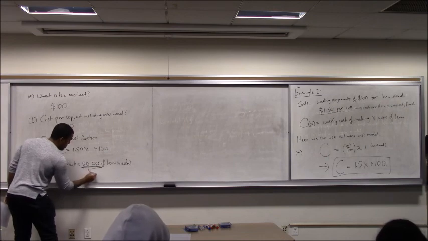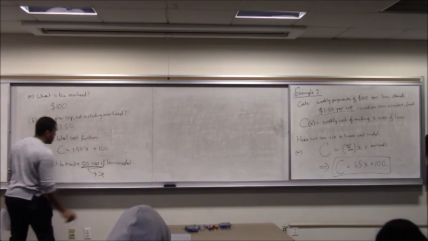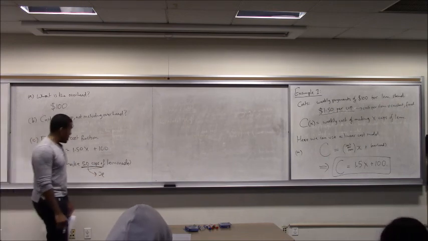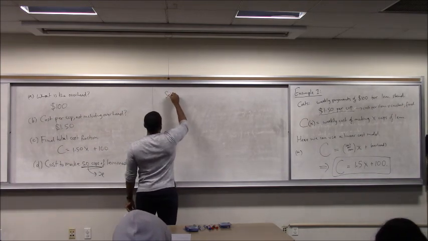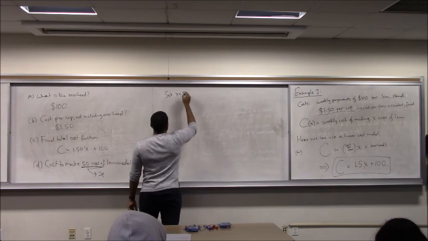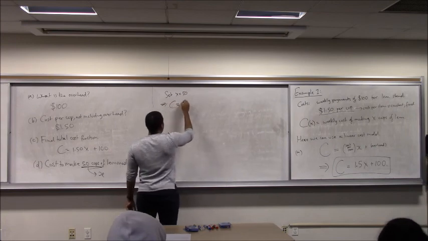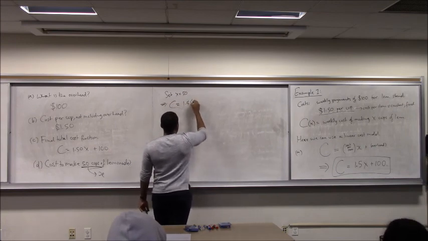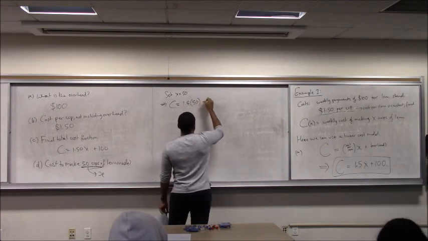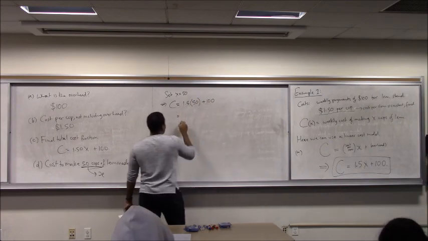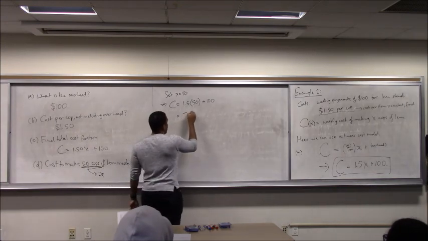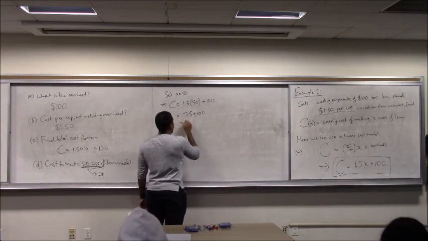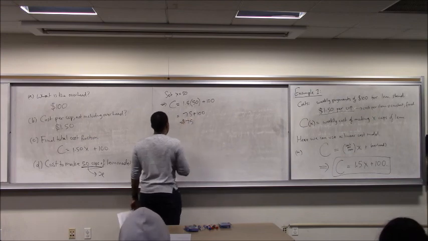We know what's measuring the number of cups is the x. So they just told you the x value, and obviously they want you to find the C value. So here you would set x equals 50. This means your C would be 1.5 times 50 plus 100. And what's that? 75, so 175. That's the weekly cost.